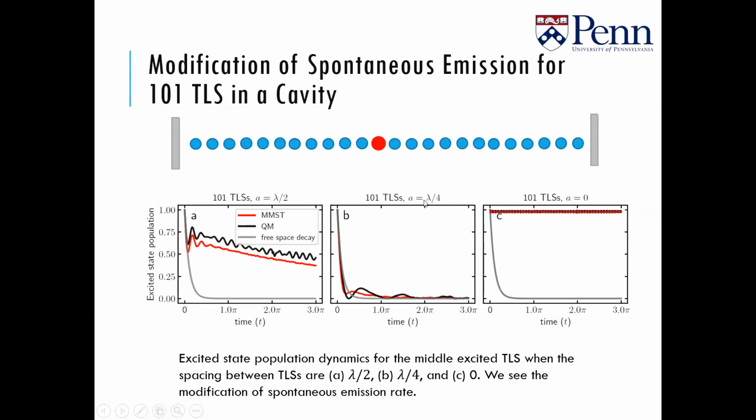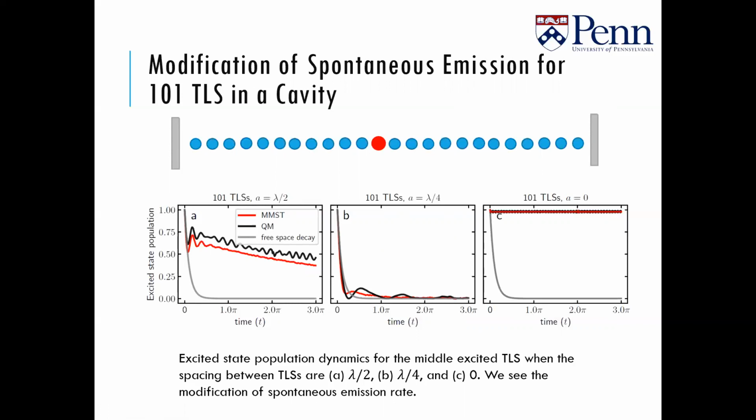And when we decrease the separation to a quarter of the wavelength or zero, QM results still agree with MMST results very well. But it's still not surprising, because if only a single two-level system is excited, it's still very easy to study in a quantum mechanical way.